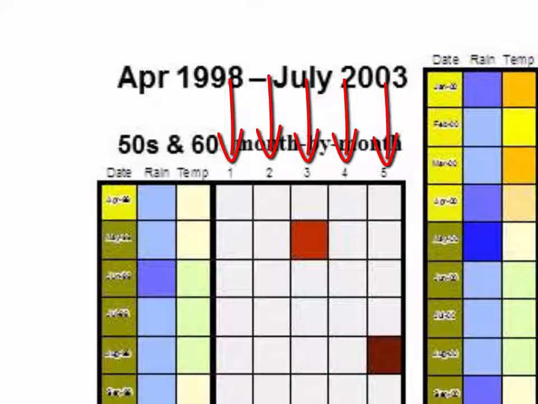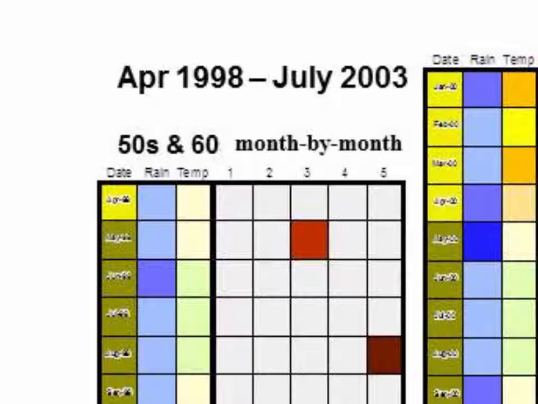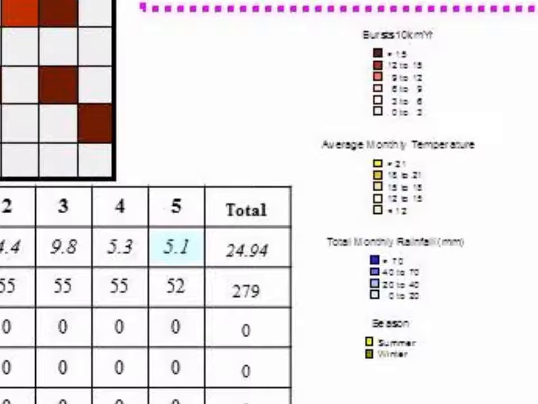And then we have the failure rate in each of the VDSEs, so the very detailed soil environments. So soil environment 1, 2, 3, 4, 5, in terms of failure rates per 10 kilometres per year. The greys with virtually no failures, and then moving up to the dark browns where there's a high failure.